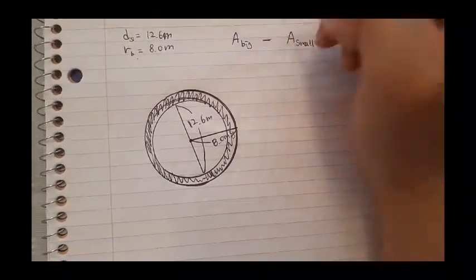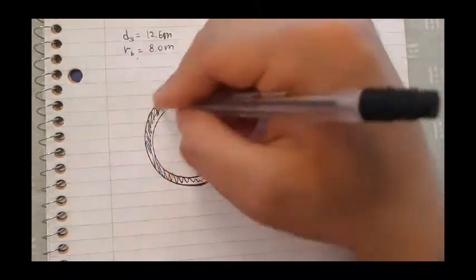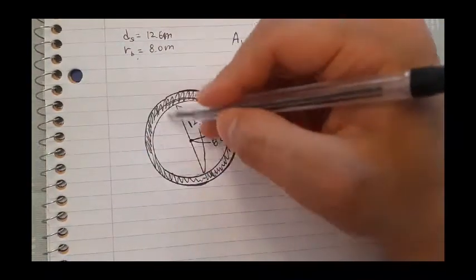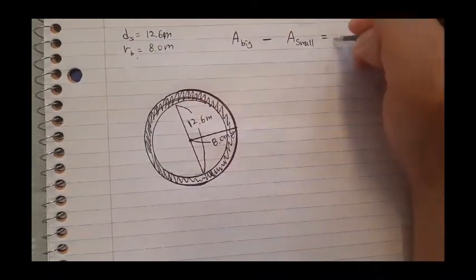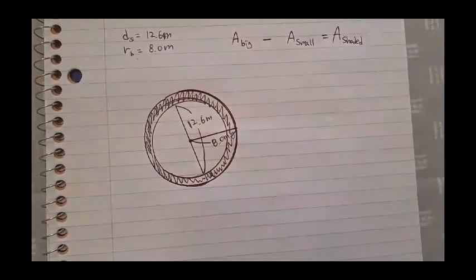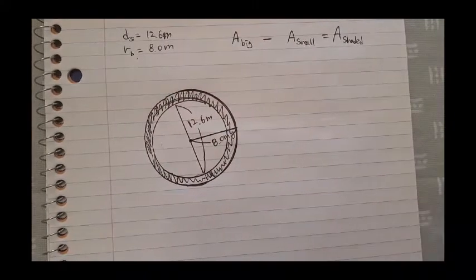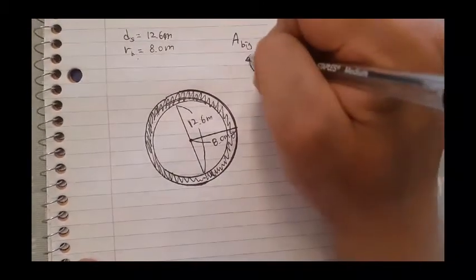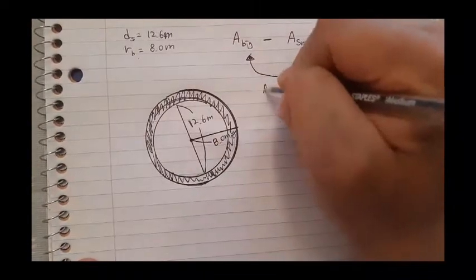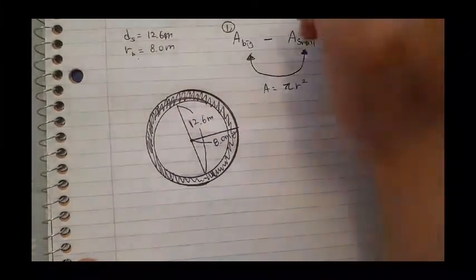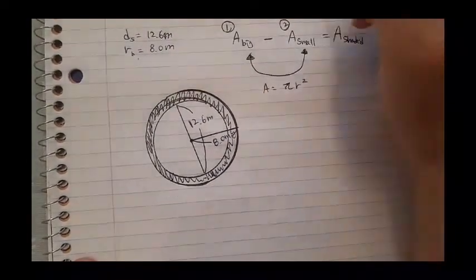If I subtract the small circle area from the big circle area, which is the total area inside, then we will get the shaded area, which is the outer rim area. The formula is exactly the same. For each of these, we're going to use pi r squared. So let's figure out the bigger circle area first, then the smaller circle, then we can find the shaded area.